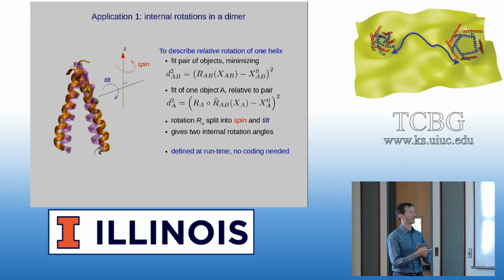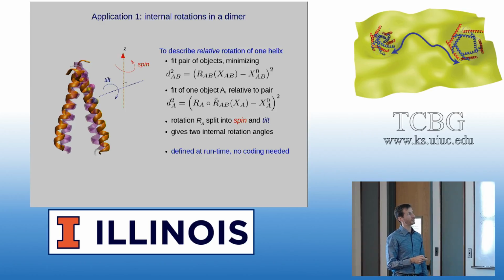So what we need to do for that is, first, remove overall rotation of the dimer, so we do this fit. There's an optimal rotation for AB that fits current coordinates of the dimer onto initial coordinates of the dimer. And then we want to fit one of the helices with respect to its original orientation in the dimer.